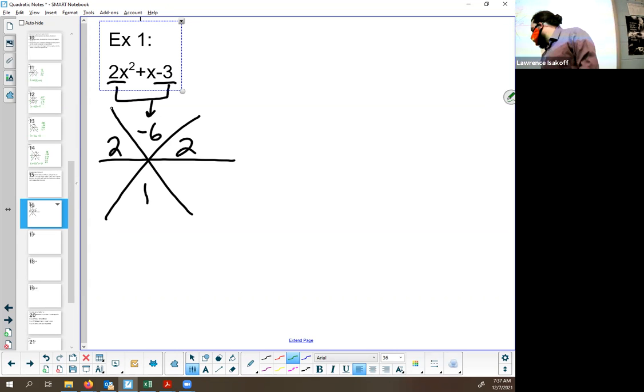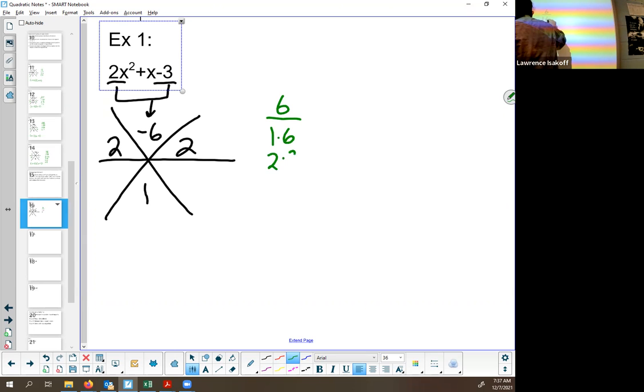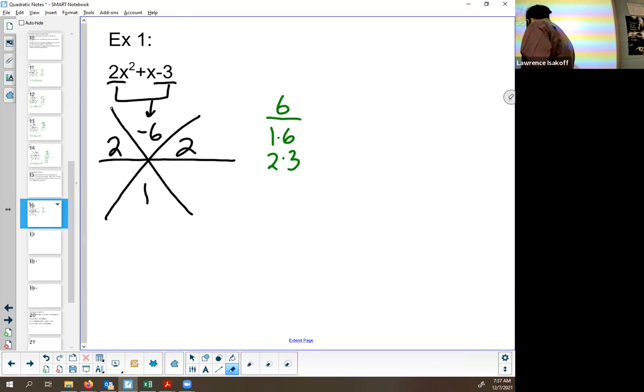So now I ask myself, what multiplies to give me 6? So what pairs do I have for 6? 6 times 1, 2 times 3. It doesn't matter what order we say them in. I usually like to write the smaller one first, but that's just me.